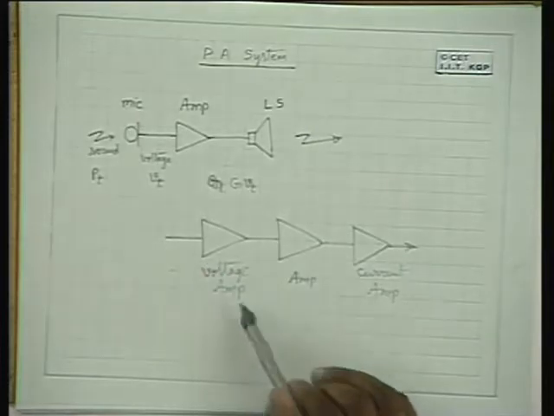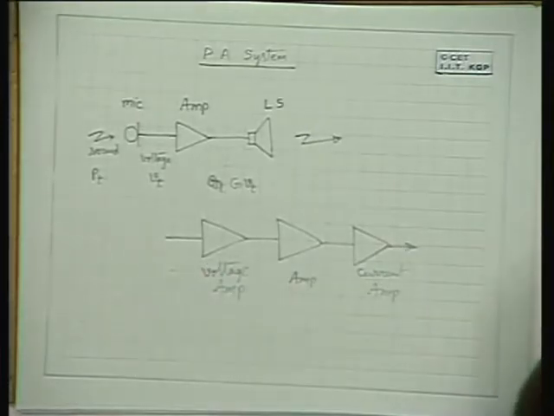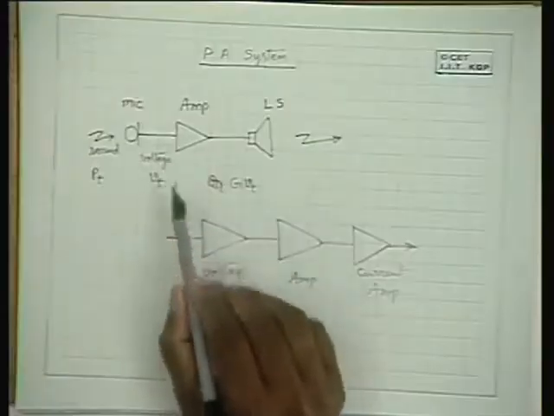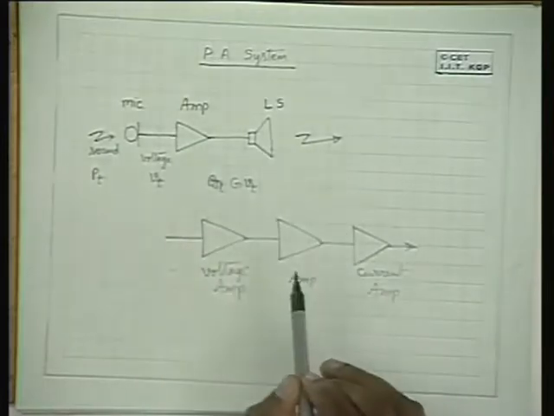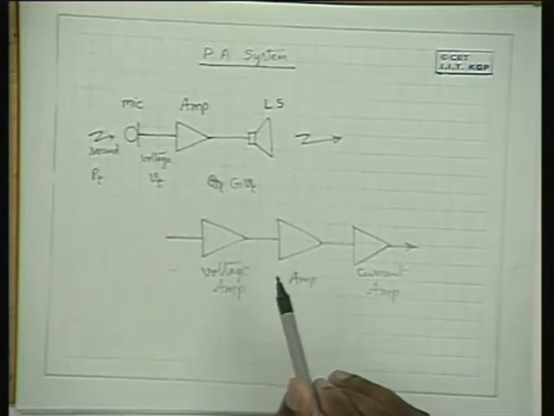So please note that there are some voltage amplifiers, current amplifiers, and amplifiers which provide both current amplification as well as voltage amplification. Further, please note that this particular amplifier may be a cascade of a few amplifiers.